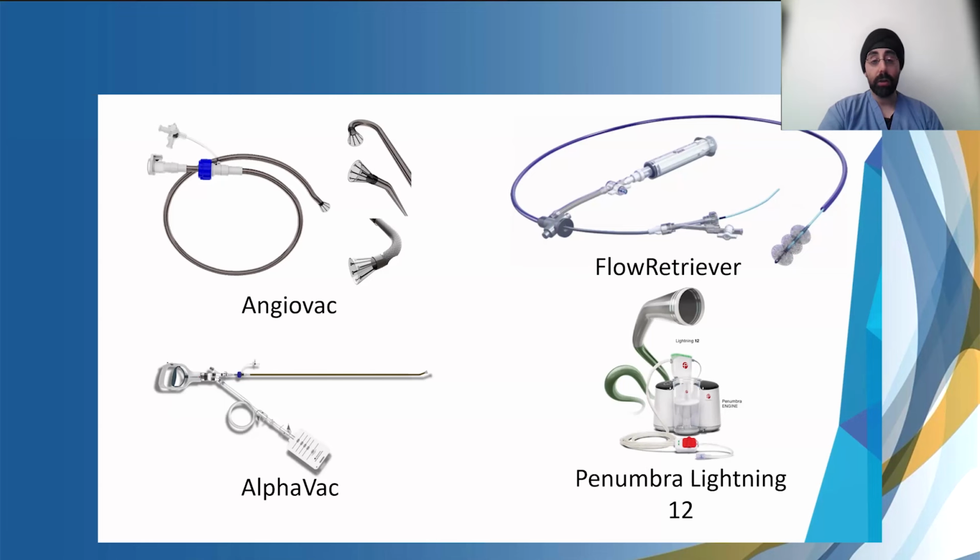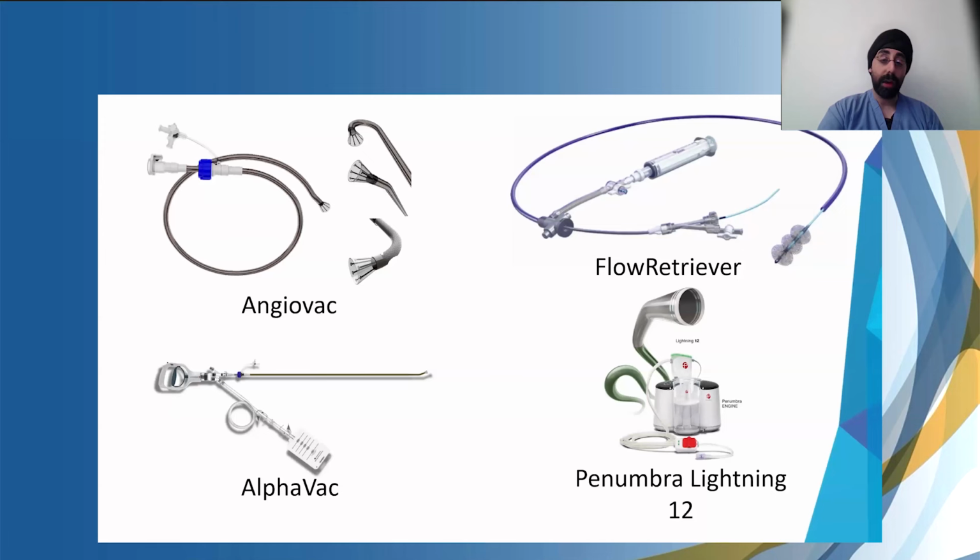You can really get good clearing. When you disrupt some of that biofilm, you can have septic emboli and other issues, and you have reinfusion after it goes through a filter, which you'll see on the next slide. AlphaVac is a similar design, but it's a single pull without reinfusion.